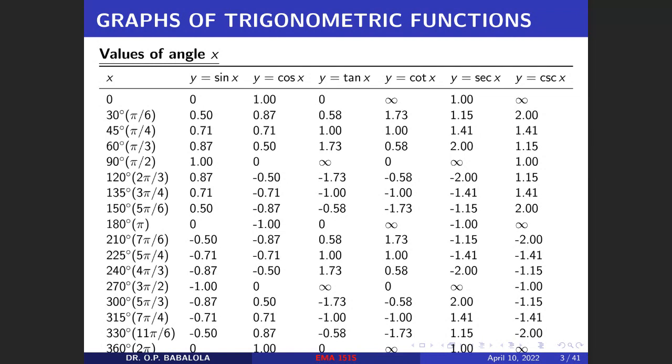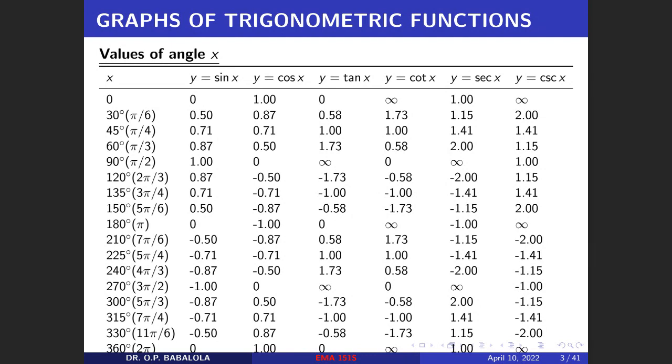By the time you reduce it, you might end up having sine 75 degrees expressed as sine 45 plus 30 degrees, whichever way you want to reduce it.